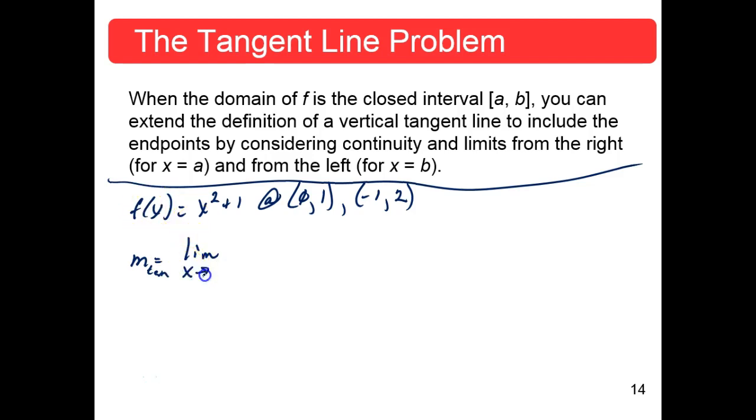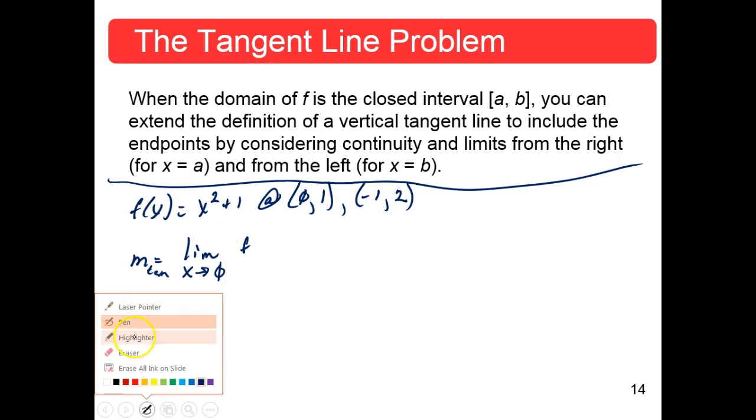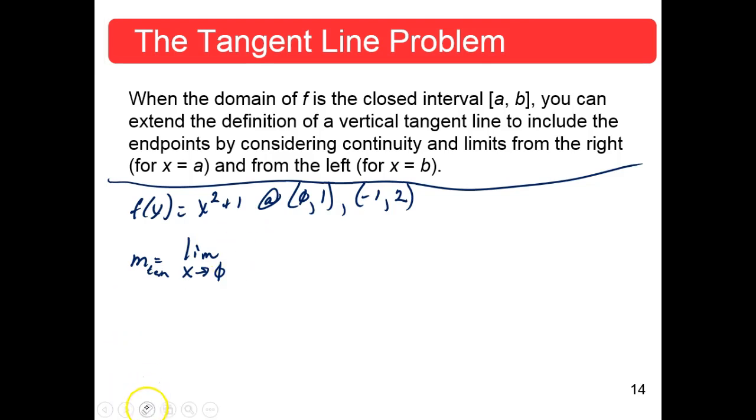Okay, for the first one here, x is approaching 0 of f of x plus delta x minus f of x over x plus delta x minus x, right? That's a little sloppy, but can you live with it?